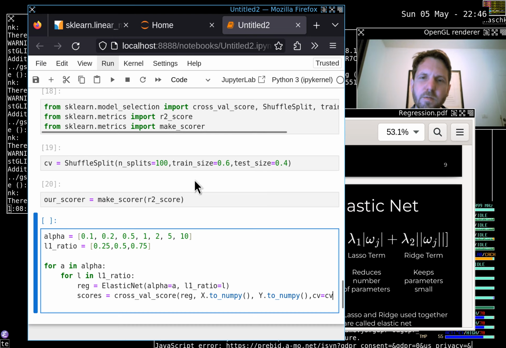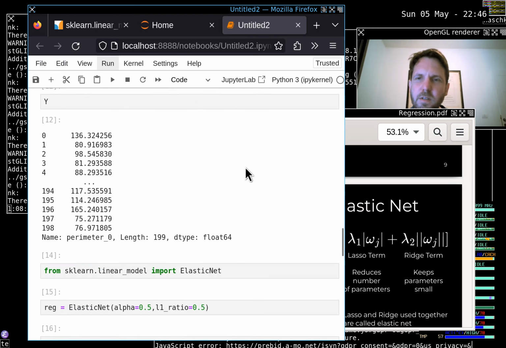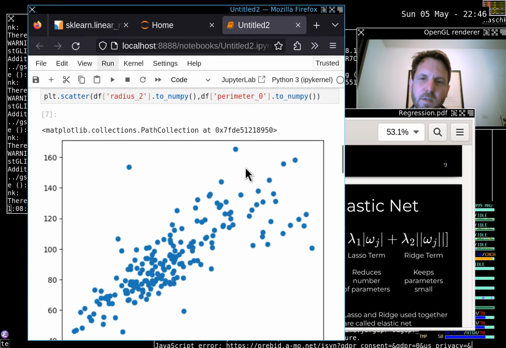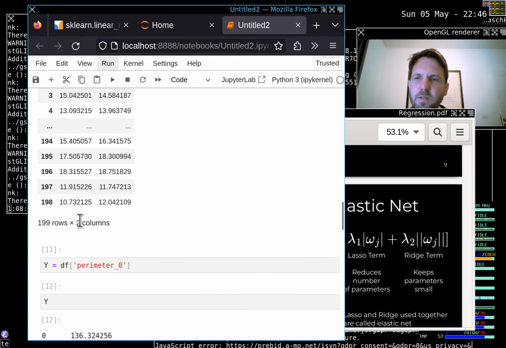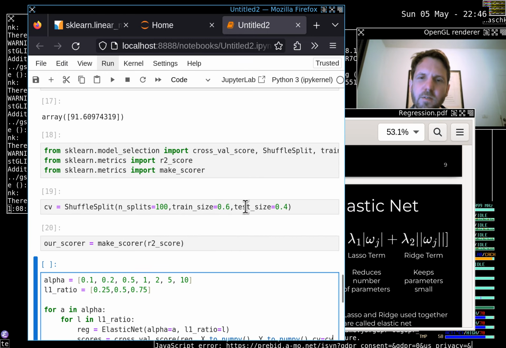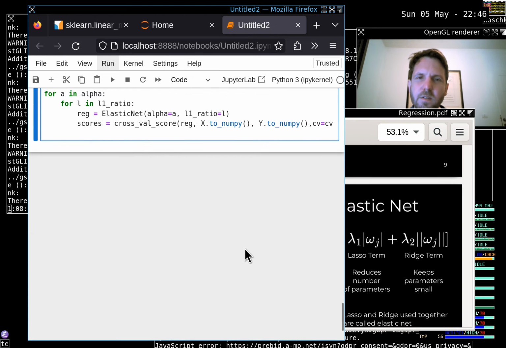We automatically jump them out. We know how this works. Basically we do these folds. Here we don't have so many values, we only have 200 values, but basically at random we always select a different subset, with a lot of permutations going on, for what we use as a training set and what we use as a test set.